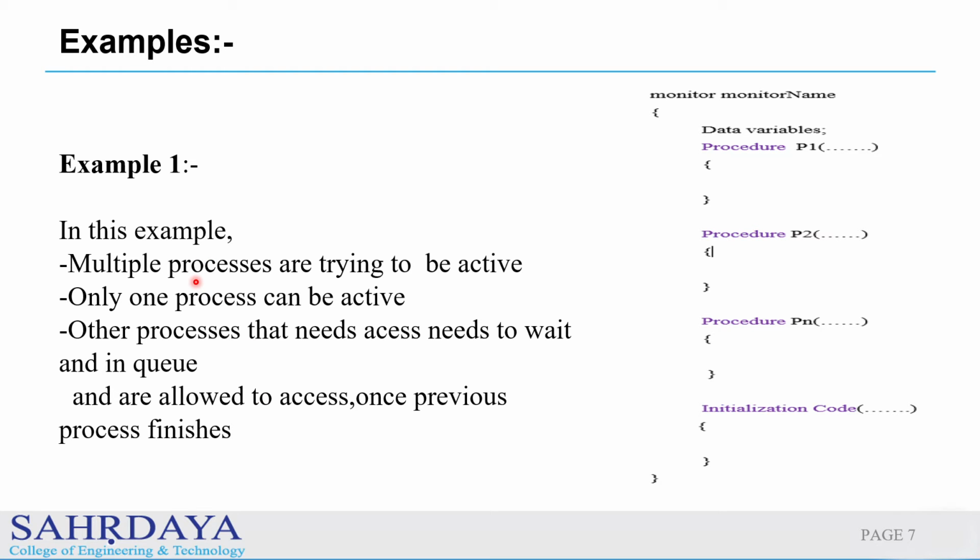As I said, in monitors, multiple processes cannot be active. A single process at a single time. That is the main rule of monitors. So once the process in the monitor finishes, the next one in the queue can get in, and like this, all the processes in the queue get finished.